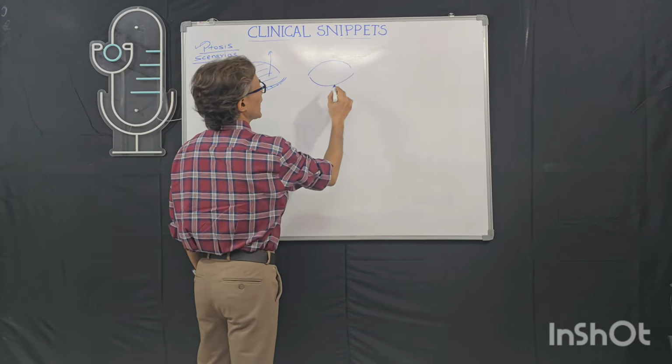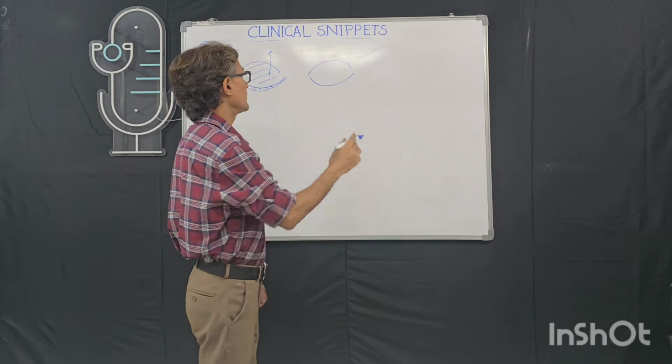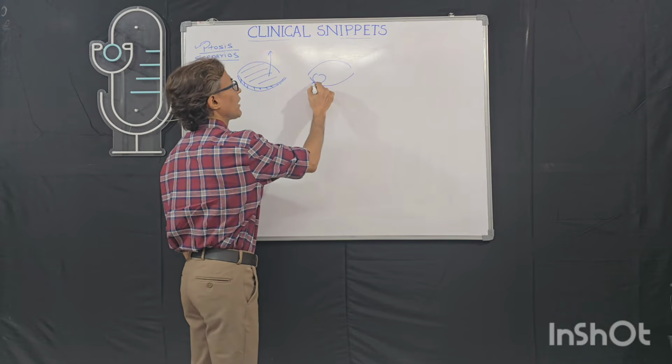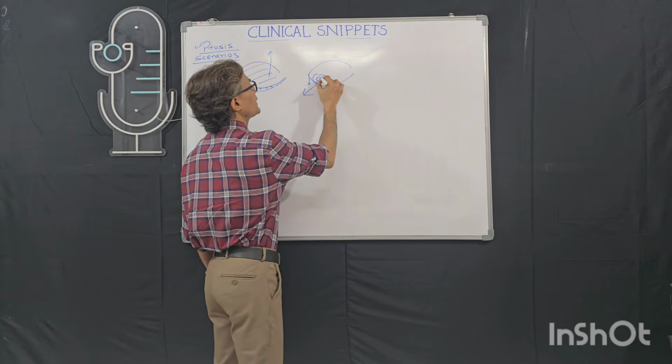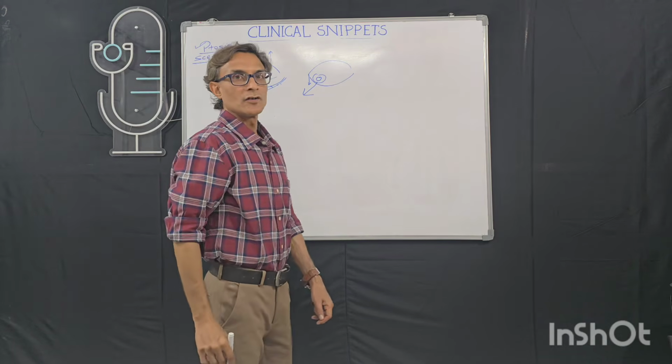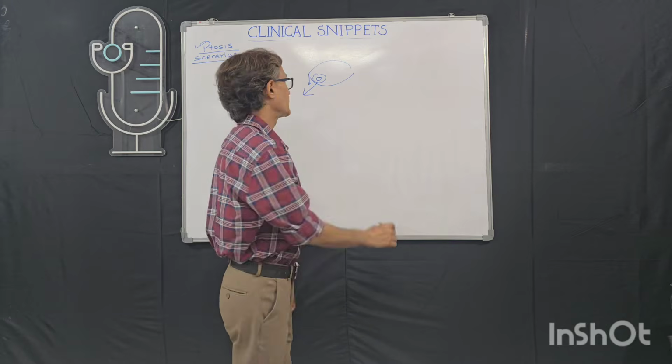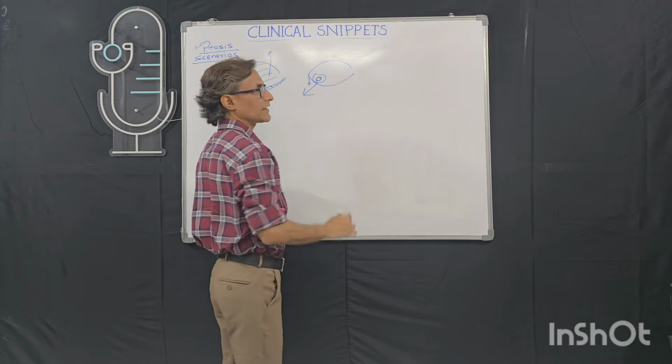We saw that the eyeball has been positioned down and out, and there is mydriasis. So position of the eyeball is down and out, and there is mydriasis.